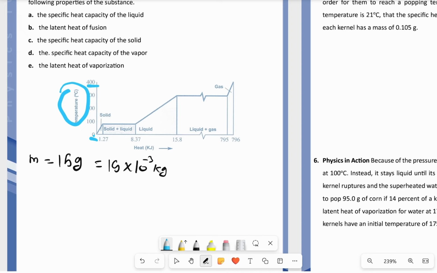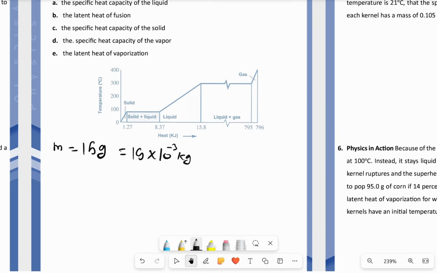From the horizontal side, from the x, we have 0 joules to 796 kilojoules, sorry. This is given in kilojoules, which means when you are solving questions, you should always multiply them by 10 to the power of 3.